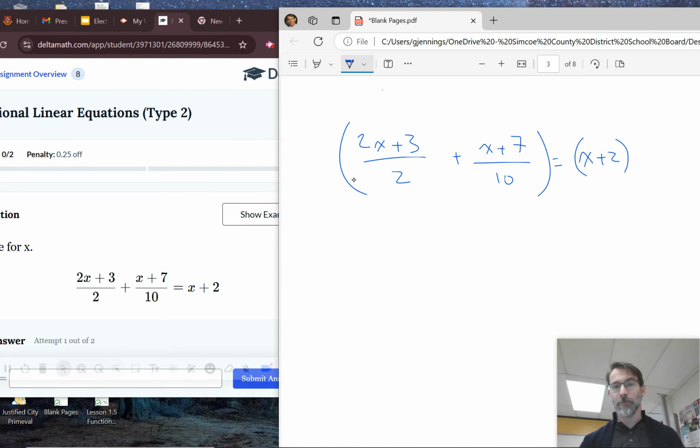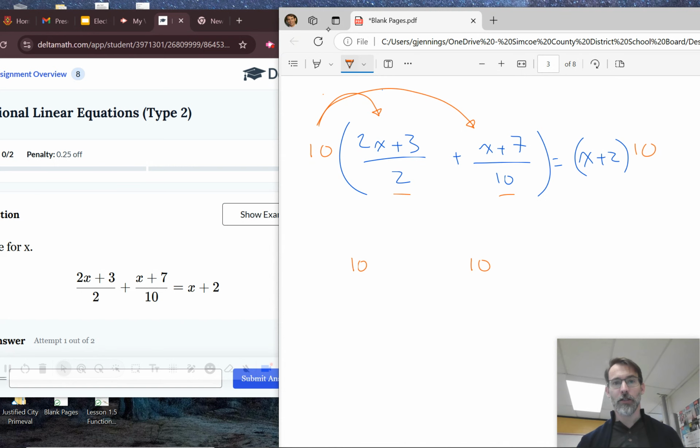I notice that the lowest common multiple of 2 and 10 is 10. So that's the smallest number that's in both times tables, so I'm going to multiply both sides by that. The reason I do that is when I distribute this in, I'm going to get 10 and 10 here.